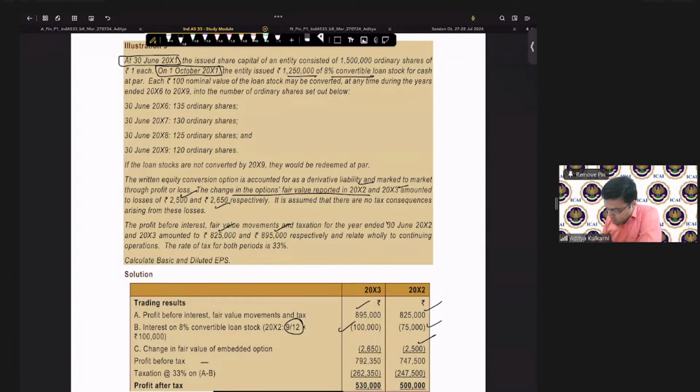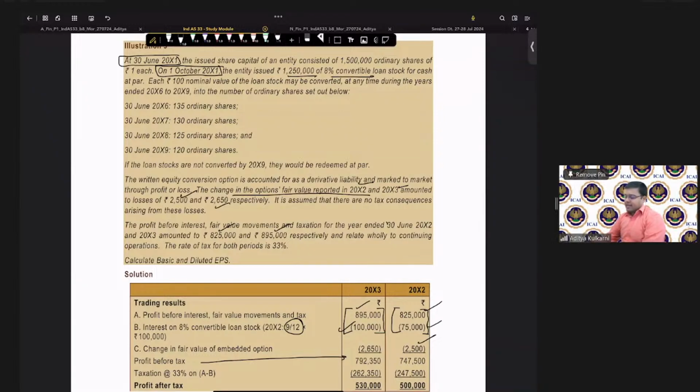So profit before tax is 7,92,350. And tax at the rate of 33% on what? It will only be on these two, because the change in fair value, they have given, is not tax deductible.